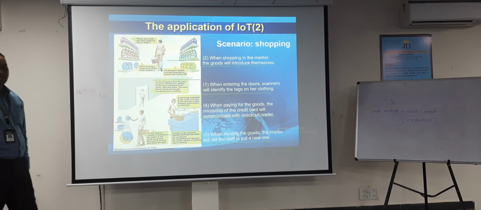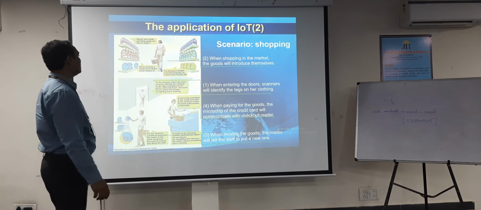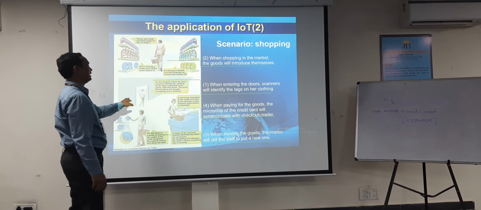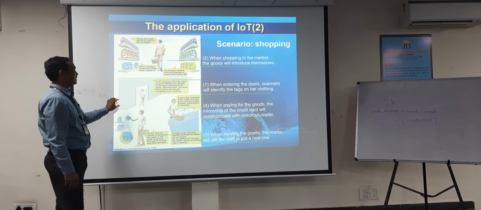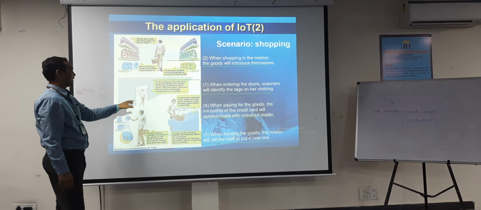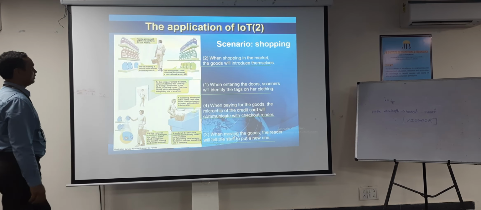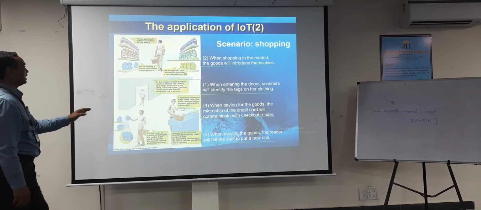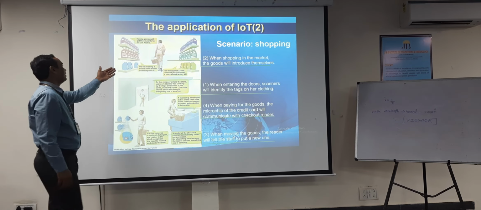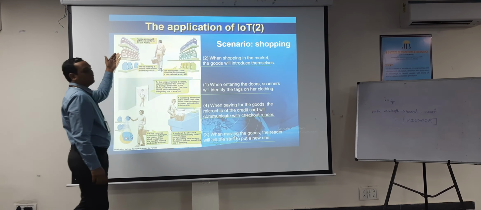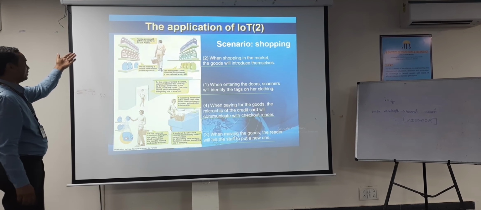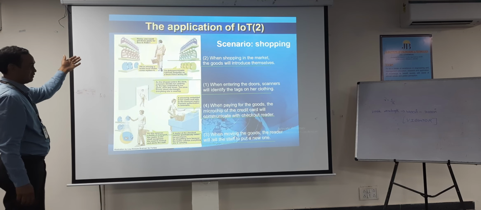So let us see with a small example about application of IoT. Here I have taken the scenario of shopping. First, when entering the doors, scanners will identify the tags on our clothing. So just as we have entered the doors, the scanners are going to identify the tags on her clothing. After that, when shopping in the market, the goods will introduce themselves. Here the goods are going to introduce themselves, saying what it is and what the price is.